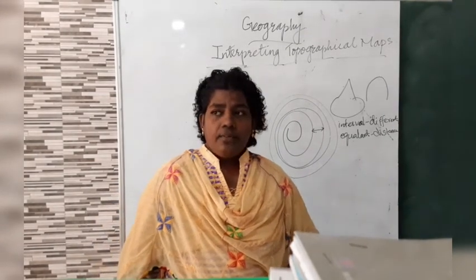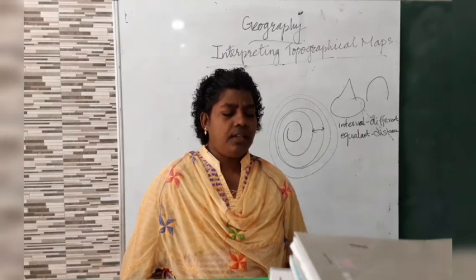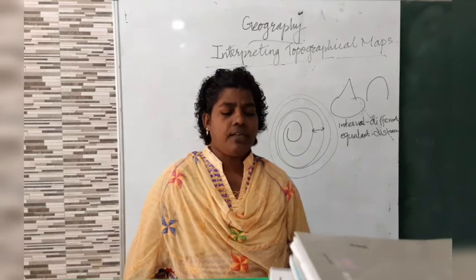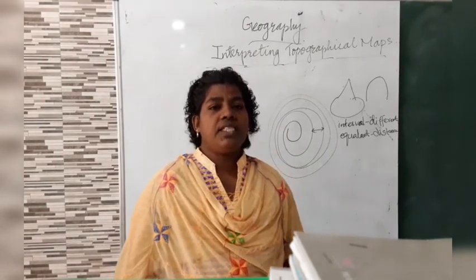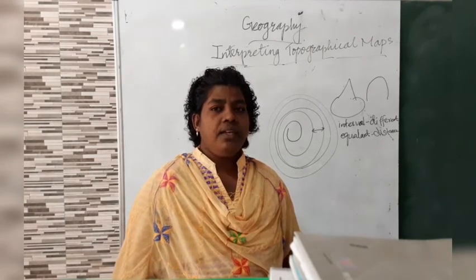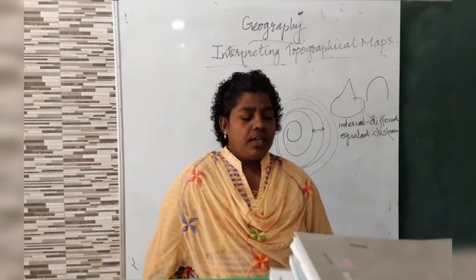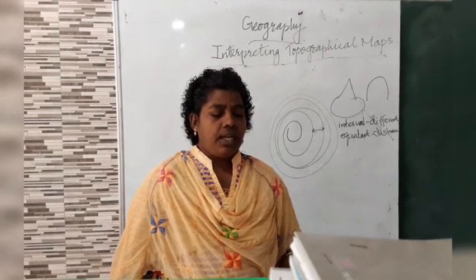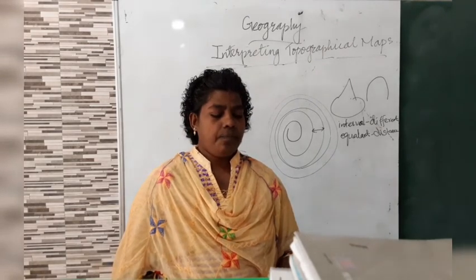First one, a contour line is an imaginary line that connects all points at the same height above the mean sea level. Second question, in a grid system of a topo sheet, the lines that run vertically are called eastings.